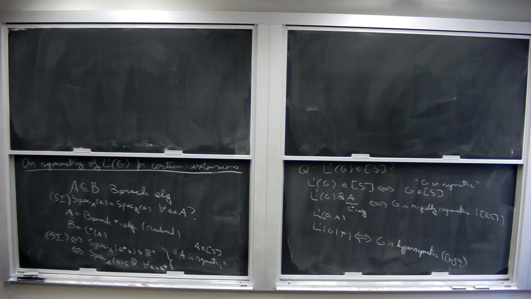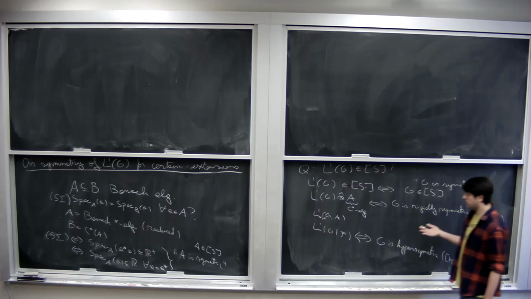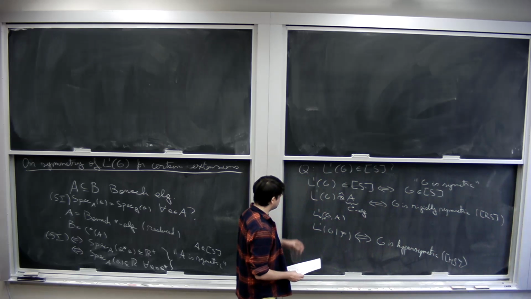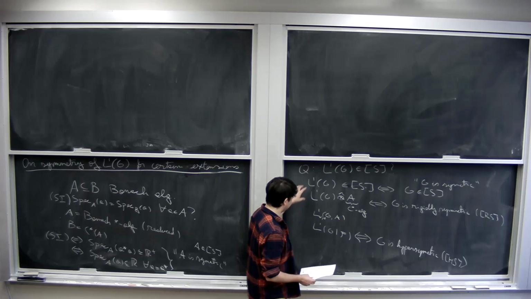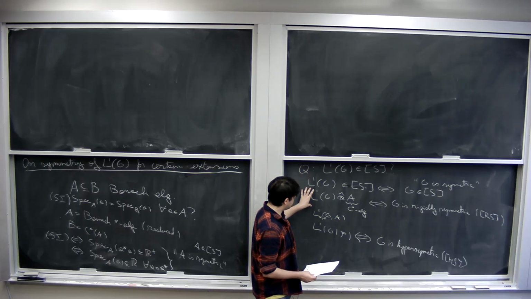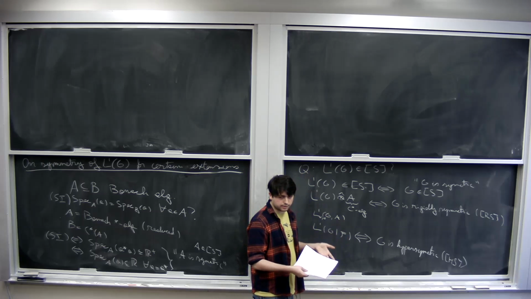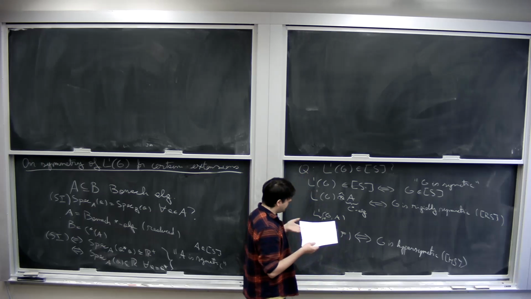But there is an example. One can rephrase the same question for any algebra pretty much, right? And there is an example of a C-star algebra, and all C-star algebras are symmetric for obvious reasons, such that one can form the projective tensor product with another C-star algebra, and that's not a symmetric Banach-star algebra.